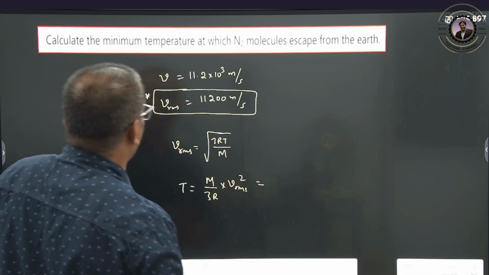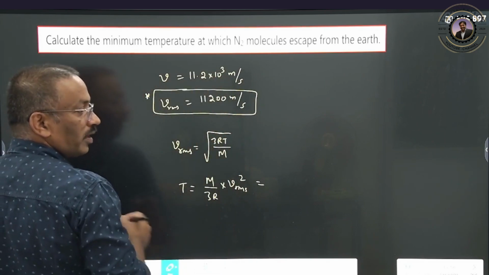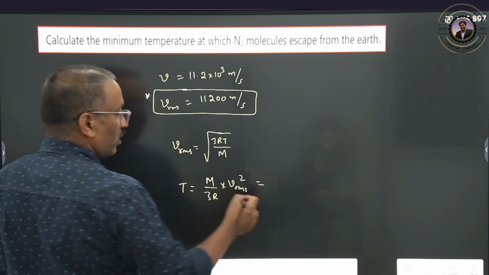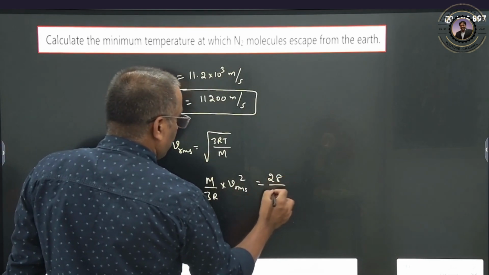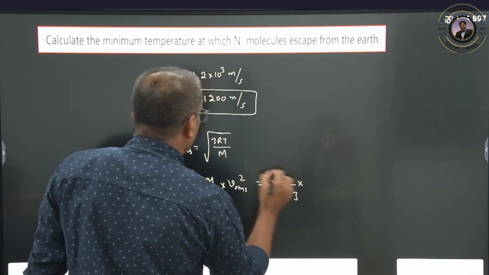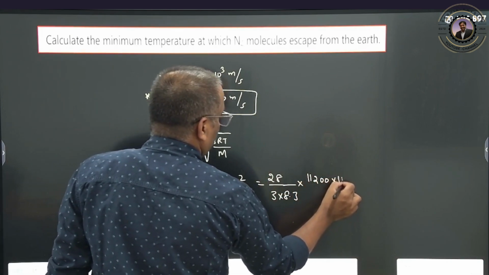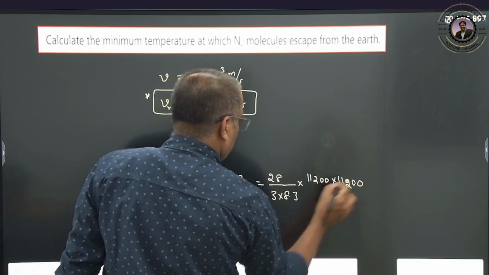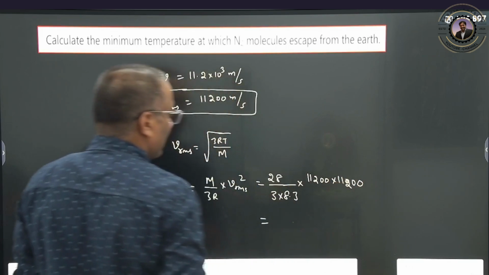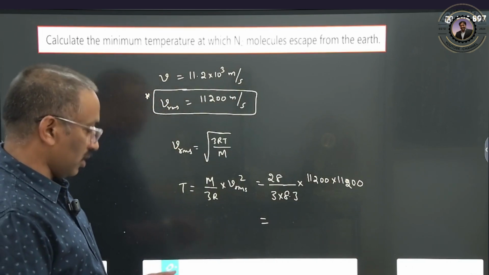The gram molecular weight of N2 is 28, so 28 divided by 3 into 8.3 into 11,200 squared. The calculation is slightly lengthy, so I will use a calculator to solve this.